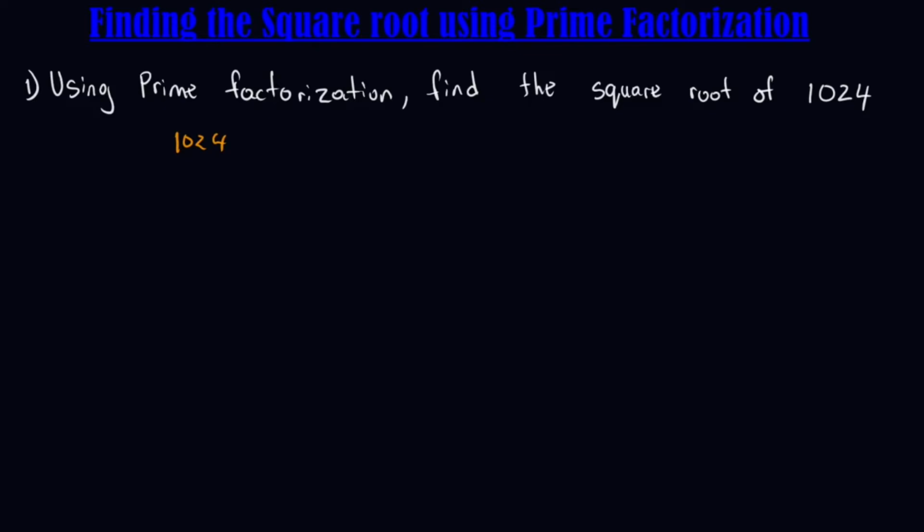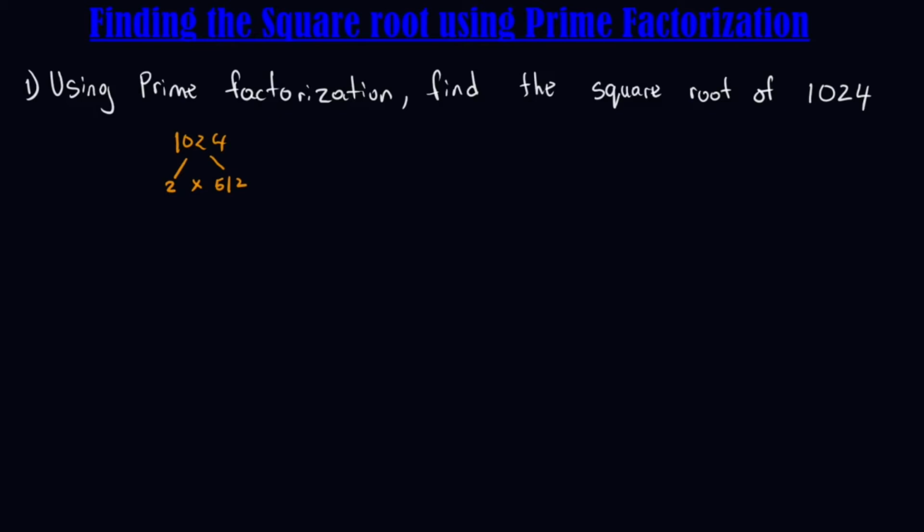You can use any one of them. For this example, I'm going to create a factor tree. I'm going to break up the 1024 into 2 factors. The lowest prime factor is 2, and 2 into 1024 gives us 512.